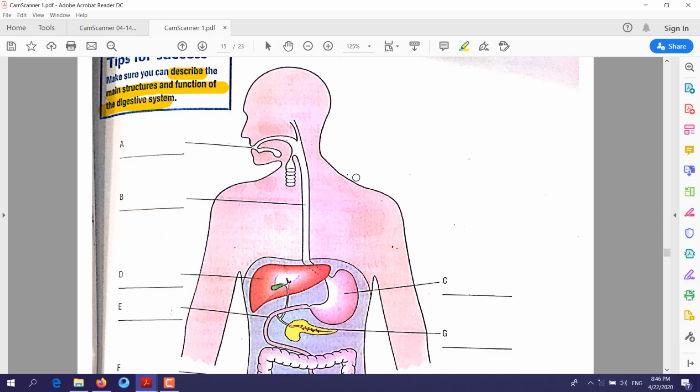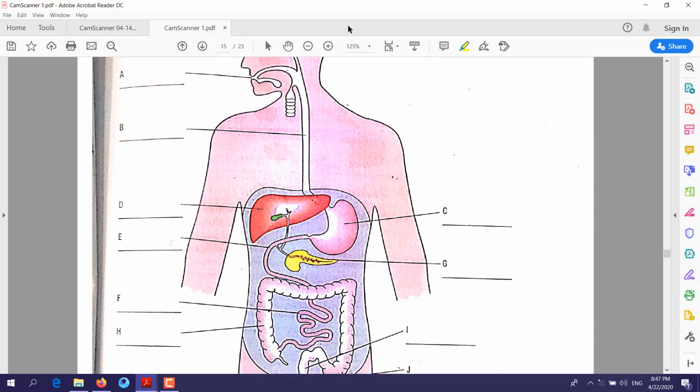Firstly, you should know the main function of the digestive system, which is to break down food. Now, because we are saying system, it means it consists of many parts or organs working together. You should be familiar with the organs that make up the digestive system.